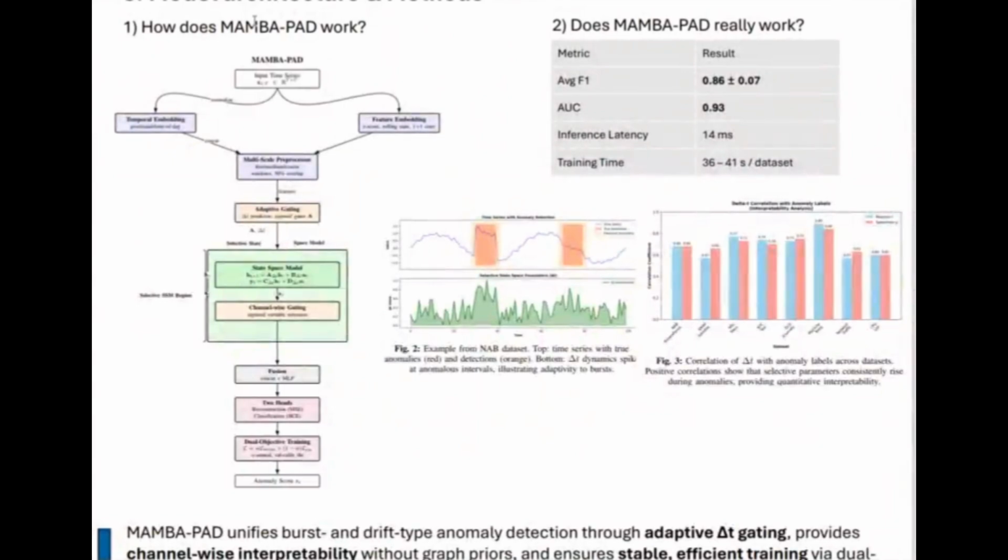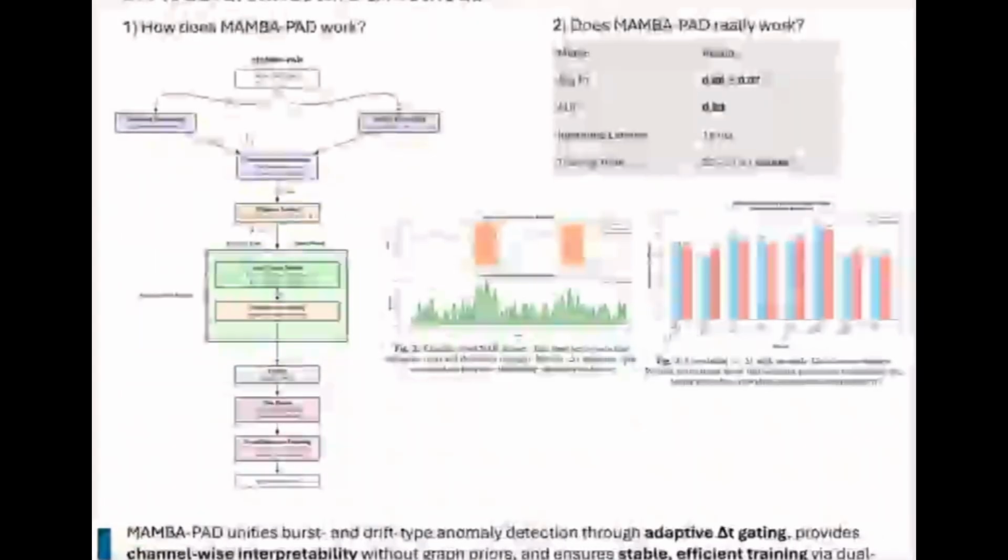At the top, the model receives normalized multivariate inputs. They are embedded in two ways: temporal embeddings encoding position and time of day, and feature embeddings capturing rolling statistics and lightweight projections. These embeddings are segmented into multi-scale windows, which are fine, medium, and coarse, so that the model can recognize both sudden spikes and gradual drifts.